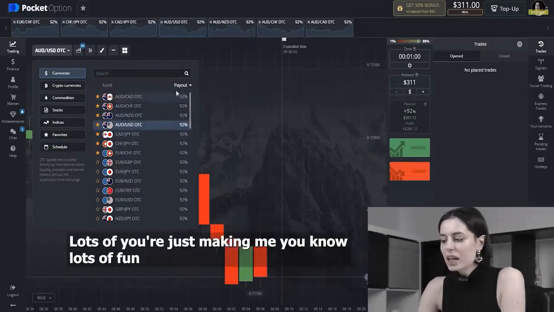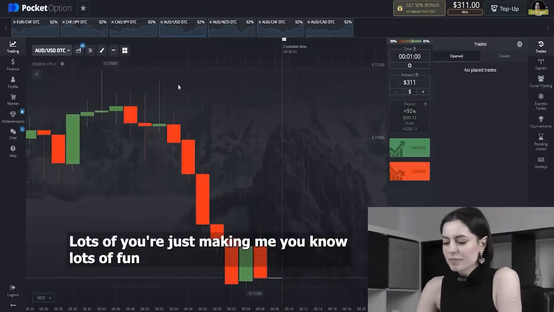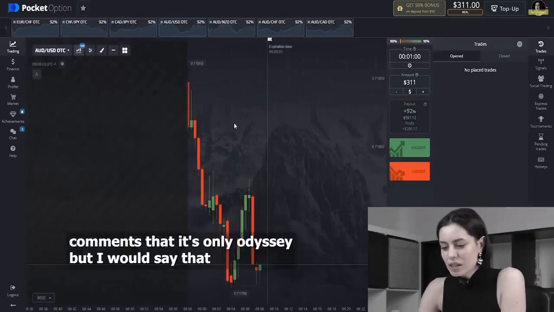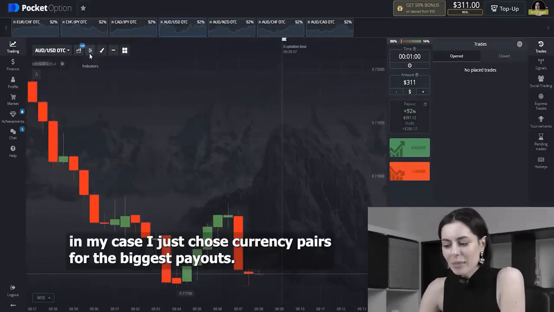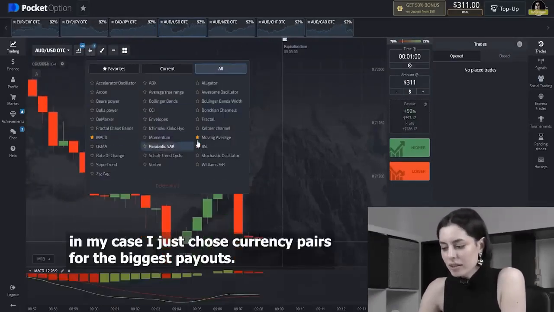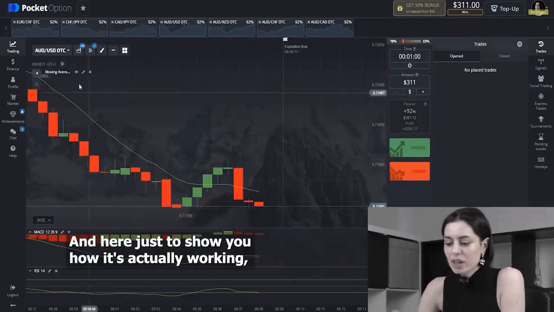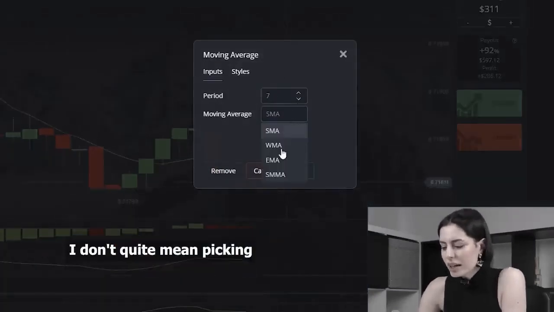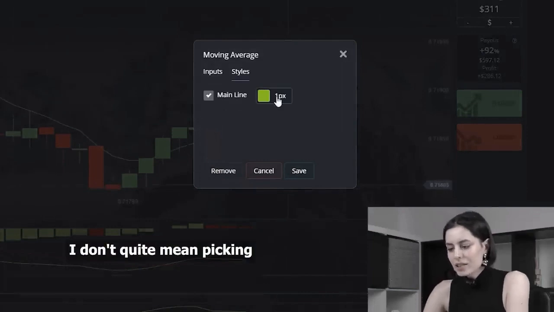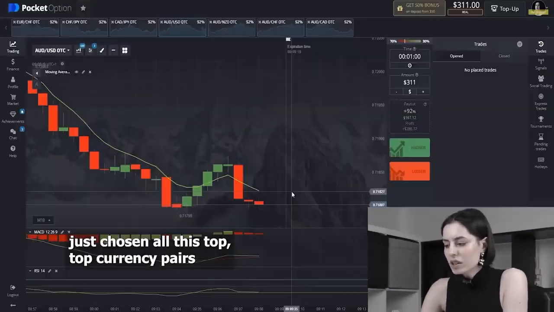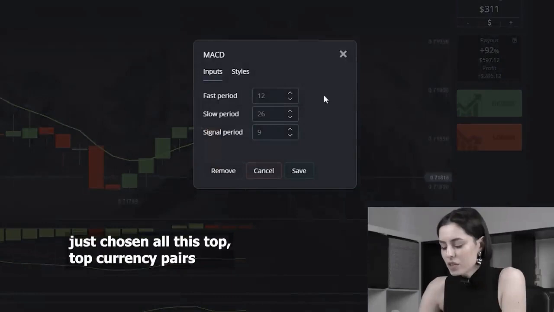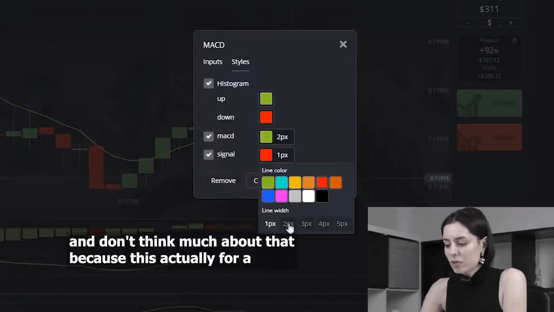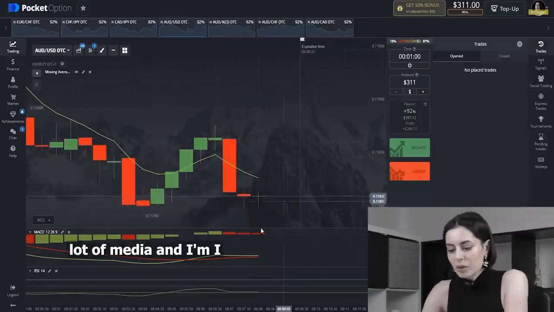Lots of you keep leaving comments that it's only OTC, but in my case, I just choose currency pairs with the biggest payouts, and here just to show you how it's actually working. I'm not being picky, just choosing all these top currency pairs, because this is for the video.